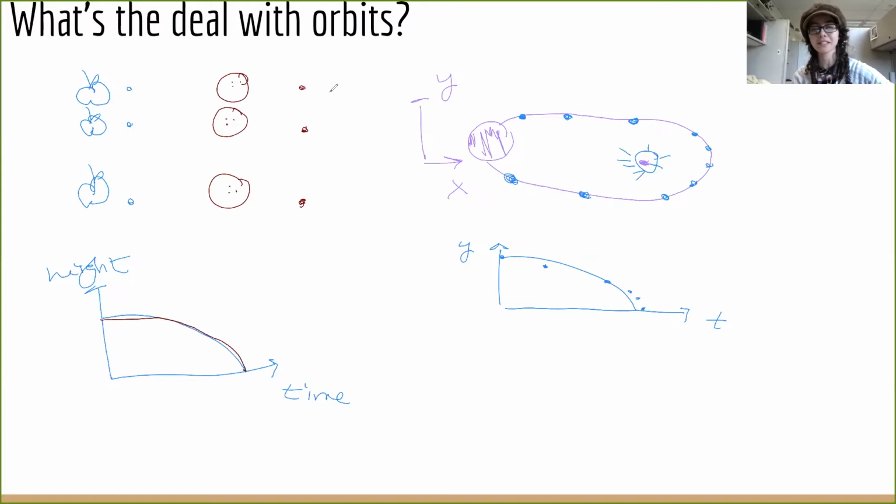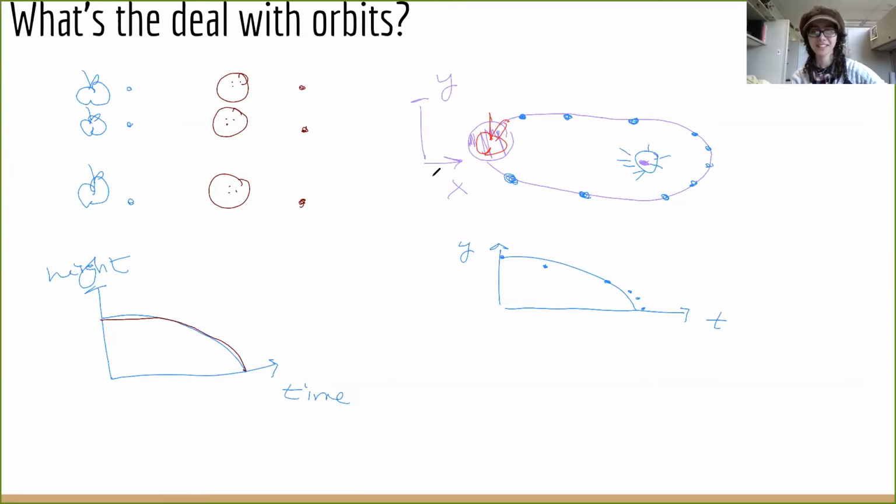So what if you repeat this experiment? Well, okay, an orbit's not really an experiment. What if you swap out the planet with an apple? Well, we saw that gravity didn't really care whether we were dropping an apple or a bowling ball on Earth. And gravity doesn't care whether it's a planet or an apple orbiting the sun.